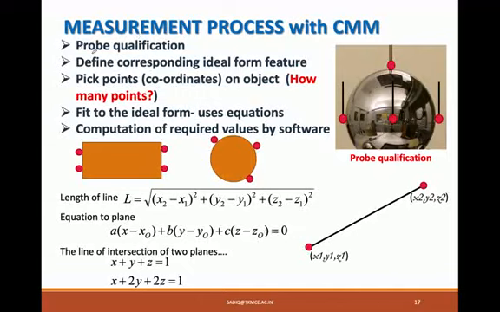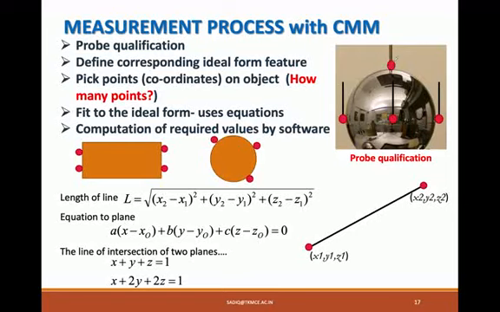The first measurement process that we have to do is the probe qualification. I have told you, probe qualification is the process of identifying the dimensions of the touch surface or sphere, the contact sphere of a stylus. This is spherical in shape and it will have certain dimensions.